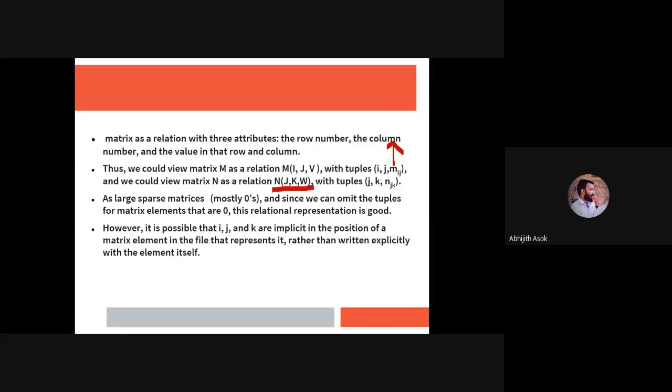If you are using a sparse matrix, there will be a large number of zeros, so we can omit the tuples with elements as 0. It is also possible that i, j, k are implicit in a file, so rather than being written explicitly, they are found with the element itself.